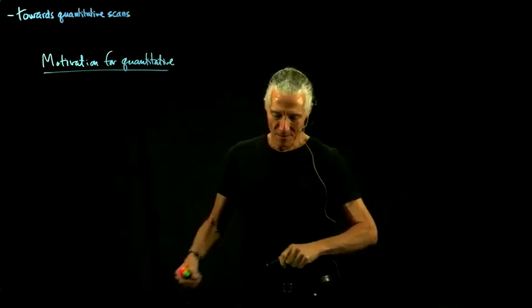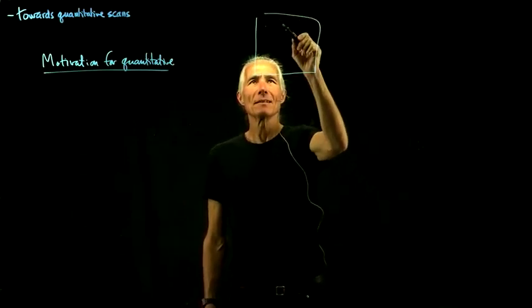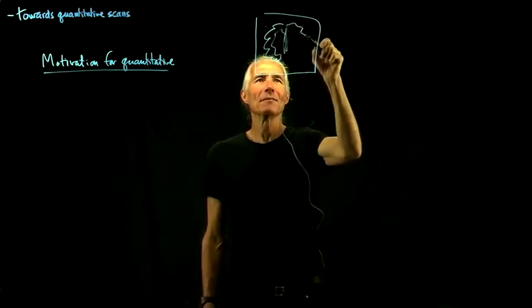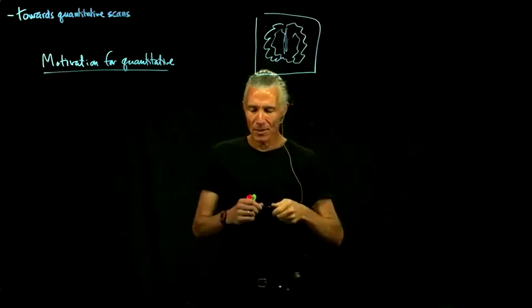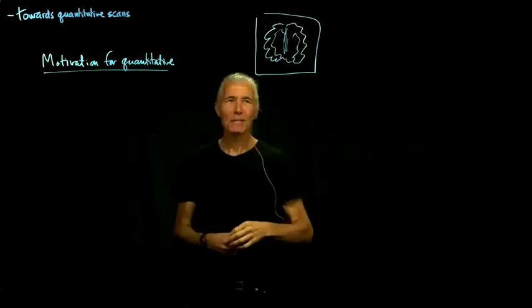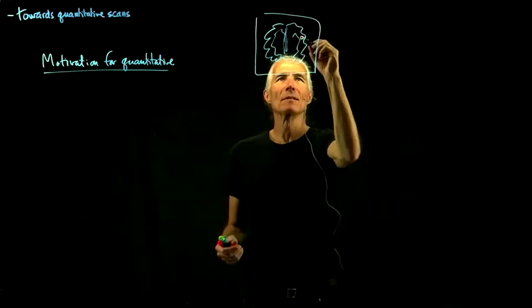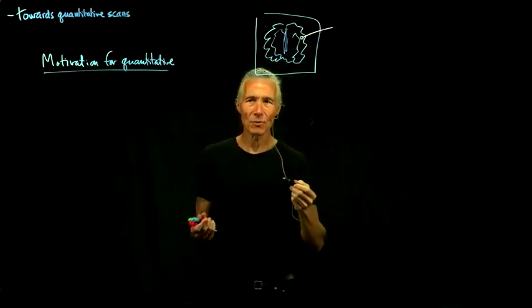If you have a regular scan, you get a nice picture of the brain. There's gray matter and white matter, but the actual numbers that you get for a given voxel, the number you get is really truly arbitrary.